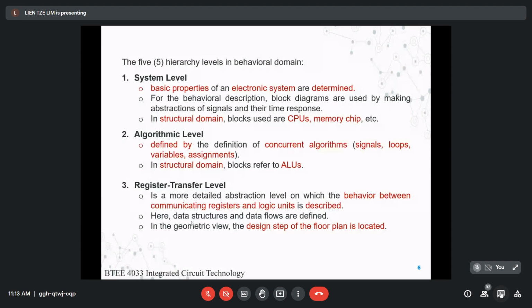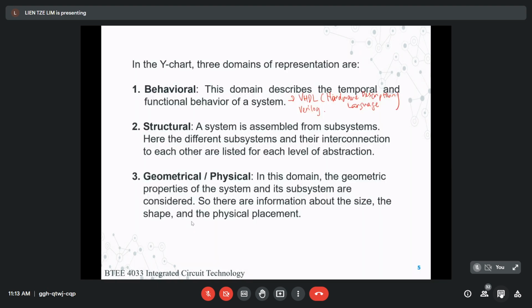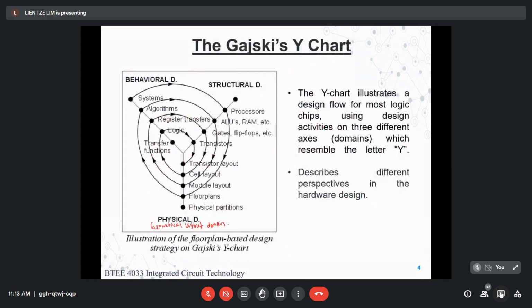For each of the domains, there are 5 levels. Some Y charts show 4 levels only, so it is 4 to 5 levels. According to the chart that I have given here, there are 5 levels for each domain. For the behavioral domain, the levels are system level, algorithm level, register transfer level, logic level, and transfer function level.